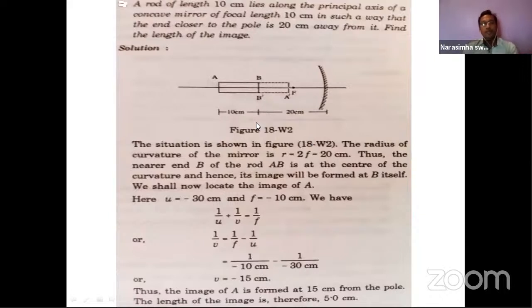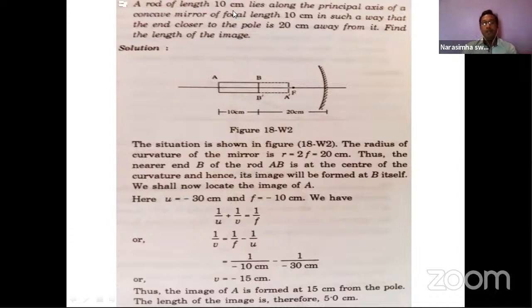So here is the problem. A rod of length 10 centimeters. Observe carefully what kind of problems we are solving. In the previous problem the object had a certain height, and before that the object was a point object. Now the object is linear.